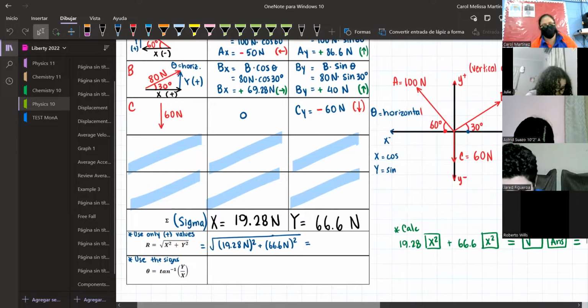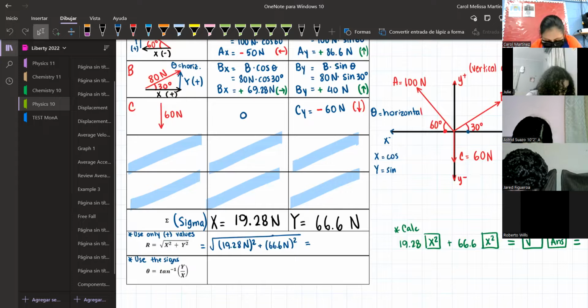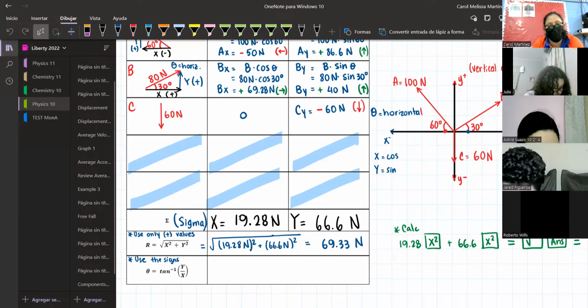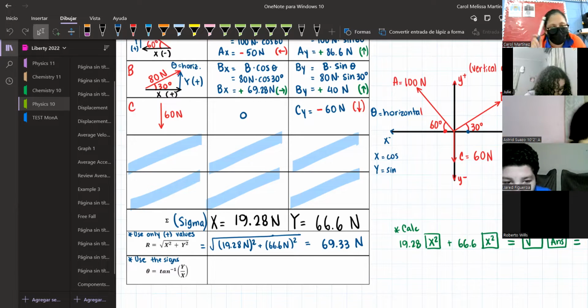How much you got? 69.33, and these are going to be in Newton. Very good. Now, to calculate the angle, you're going to be using the signs from the formula. The two signs are positive, so there's not a big deal over here.